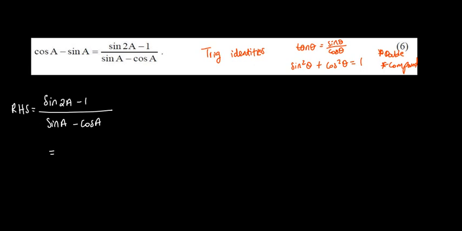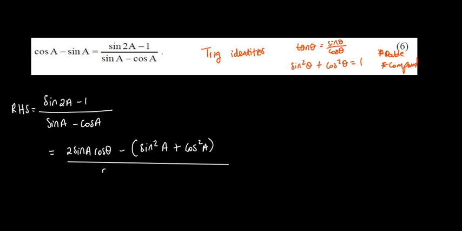It's part of the double angles that I told you about. And the moment we see 1, let's remember this. So we can say this is 2 sine a cos a, and then minus, since we are dealing with a, you can write sine squared a plus cos squared a, because remember 1 is equal to sine squared theta plus cos squared theta, all divided by sine a minus cos a.